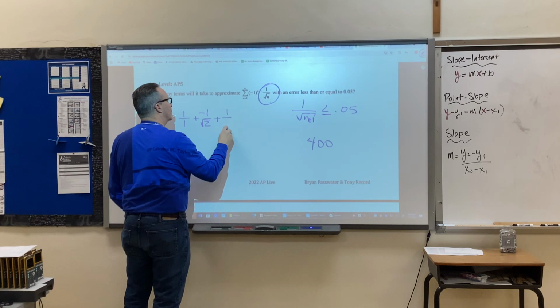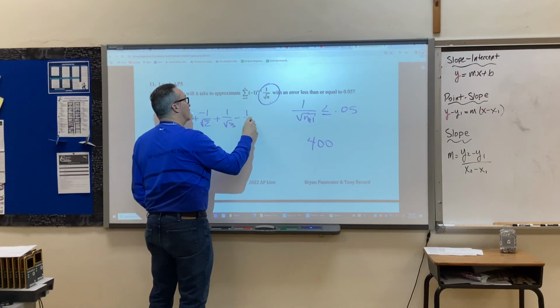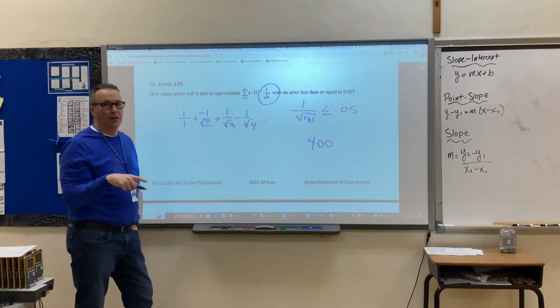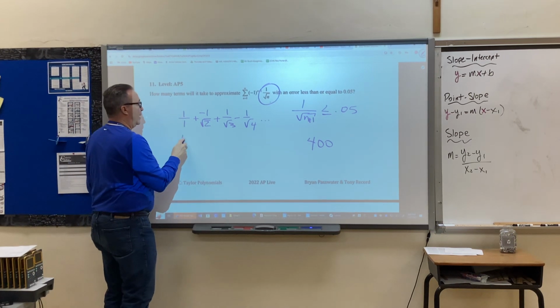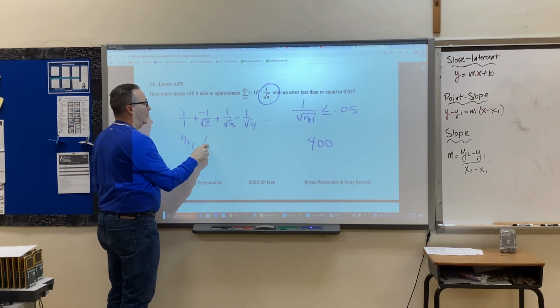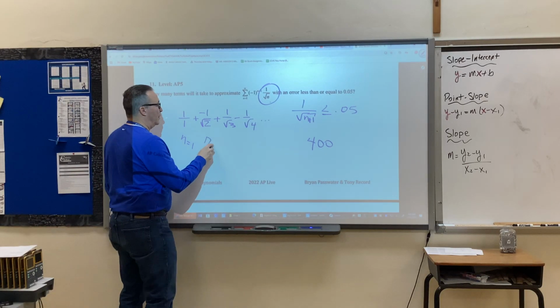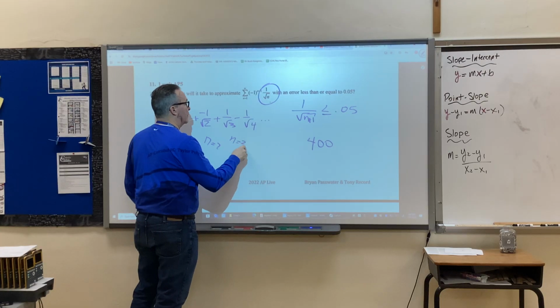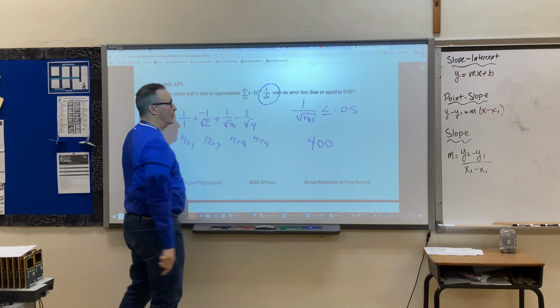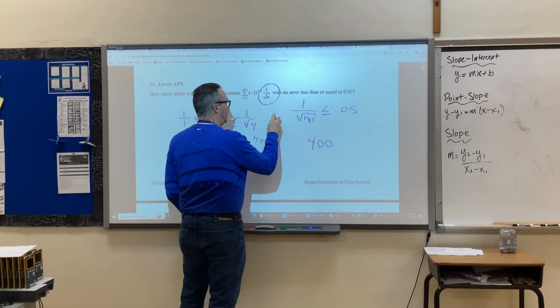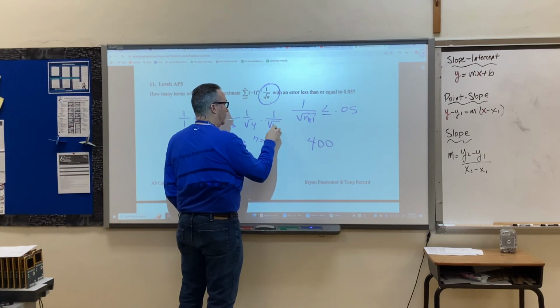Plus 1 over the square root of 3, minus 1 over the square root of 4, right? n equals 2, n equals 3, n equals 4. n is 400.